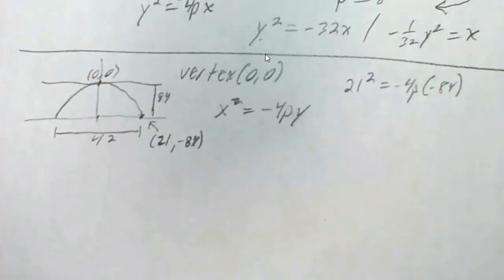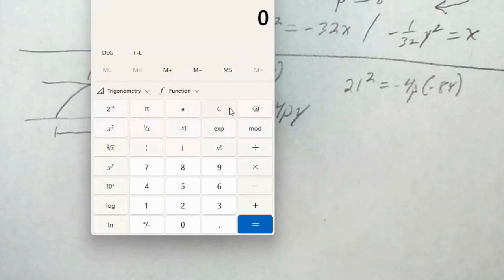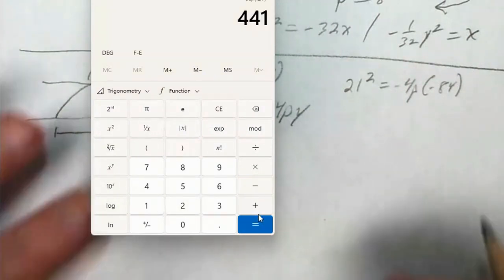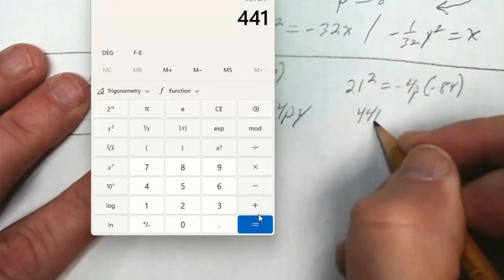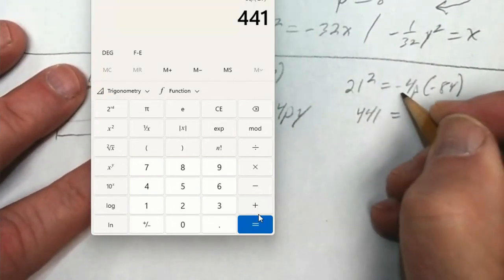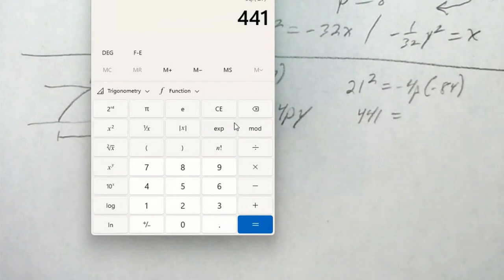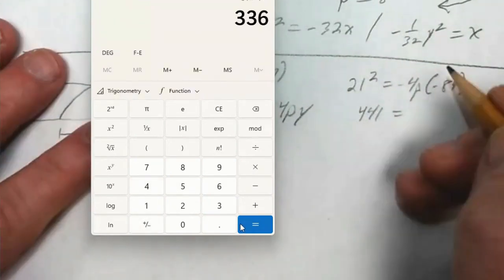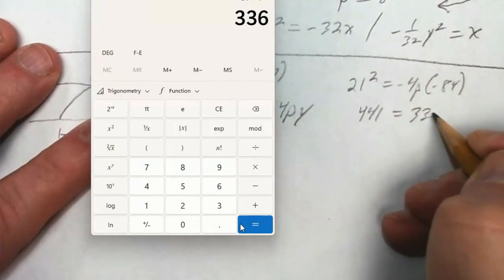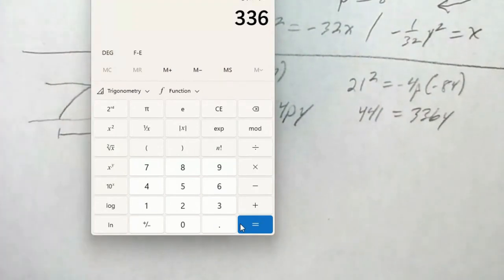So let's get our calculator out and see if we can do a little math. What is 21 squared? 441. So 441 equals negative 4 times negative 84 times p, so 336p.